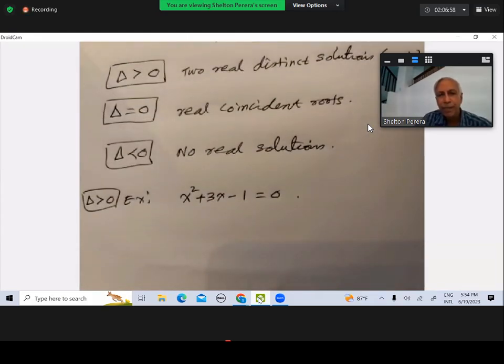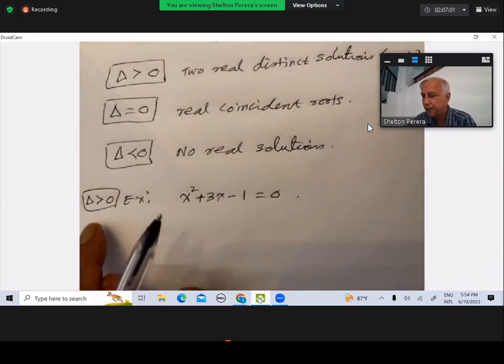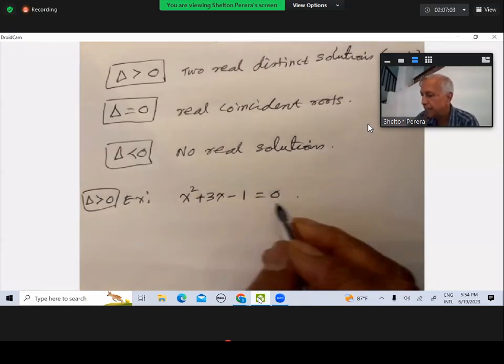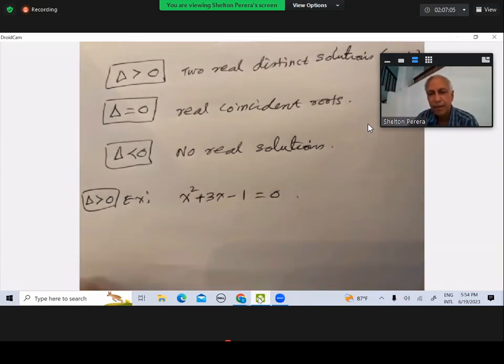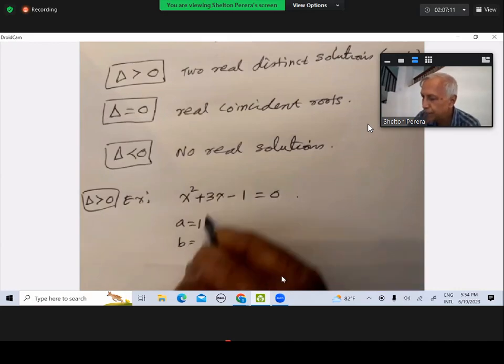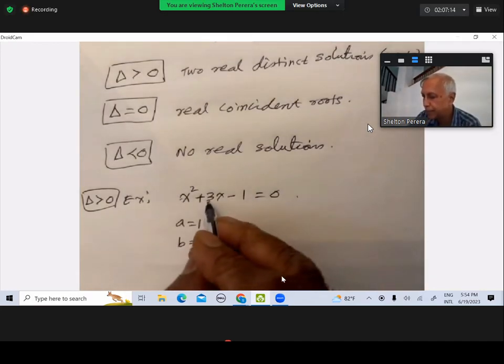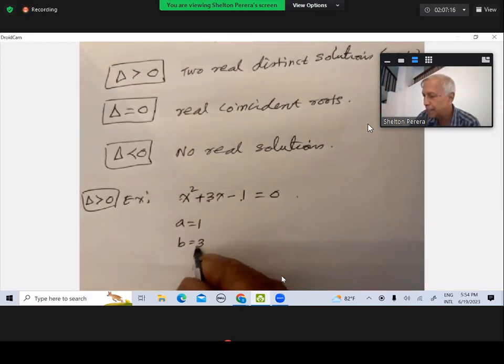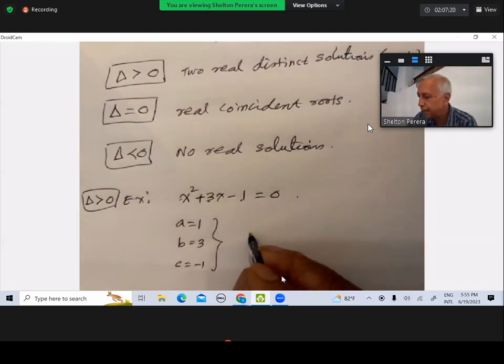An example for delta greater than 0. Find delta. In ax squared plus bx plus c, a is equal to 1, b is equal to 3, c is minus 1. From this, we can find delta.